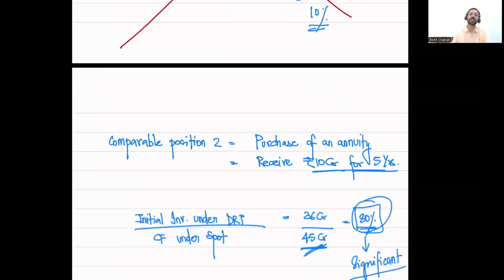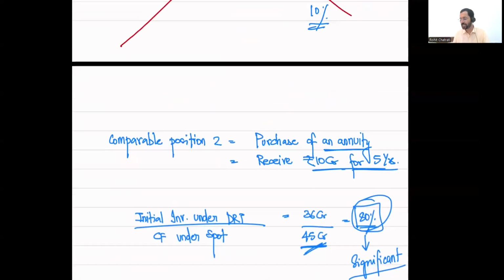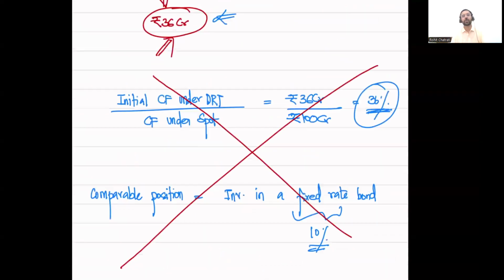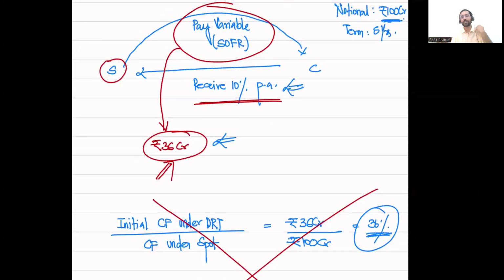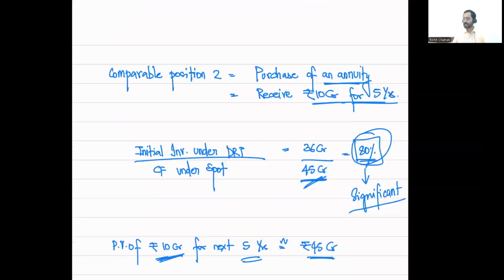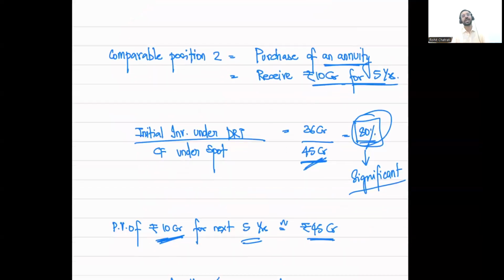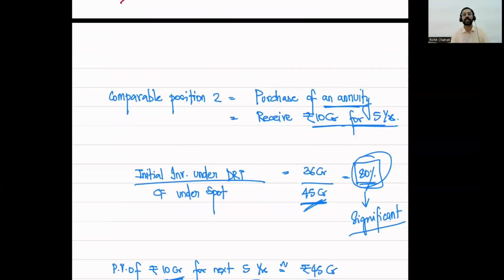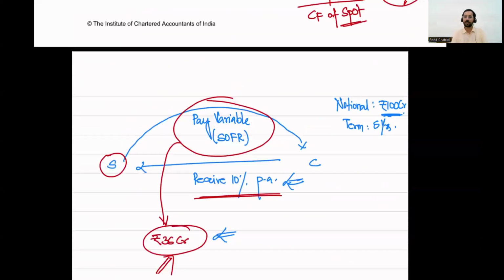However, there was a second comparable position, which is purchasing an annuity, because over here S Limited has a right to receive 10 crores every year, and the comparable position for this would basically be purchasing an annuity wherein you receive 10 crores every year for the next 5 years, and that would have an outflow of, let us say, approximately 45 crores, and hence the initial investment is going to be significant. Therefore, this cannot be accounted for as a derivative contract.